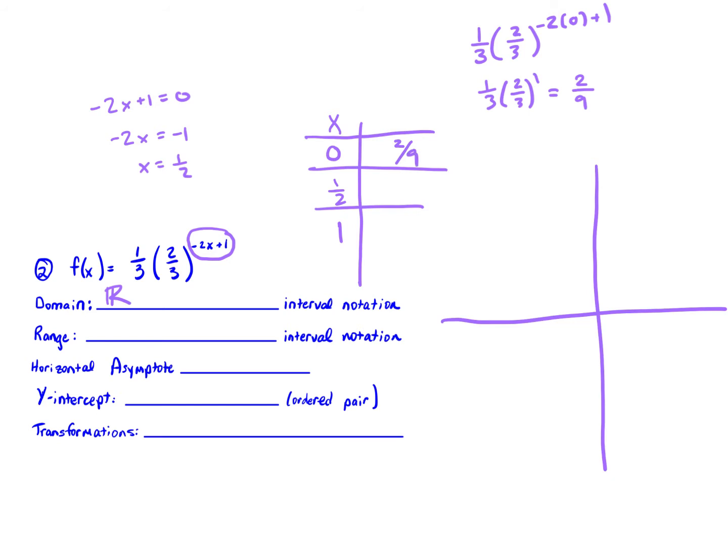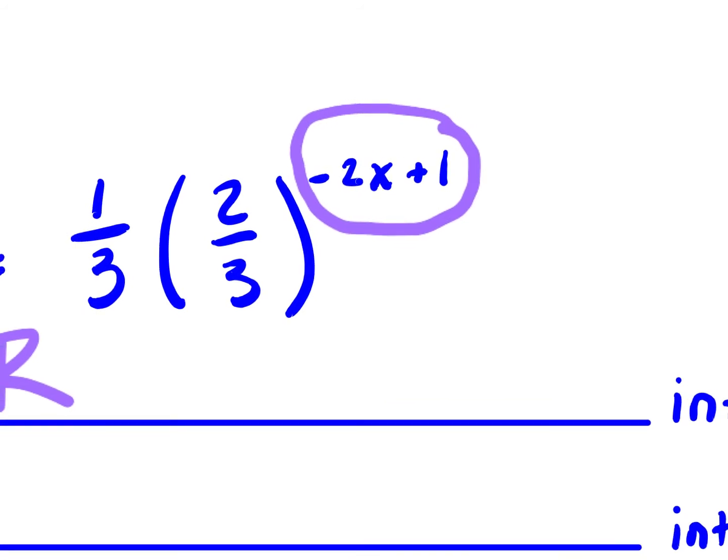So my graph, I'm going to stay at 0, go up 2 over 9. I'm going to make my spaces kind of large here because these are going to be fractions. So about there. It's the 2 over 3, sorry.